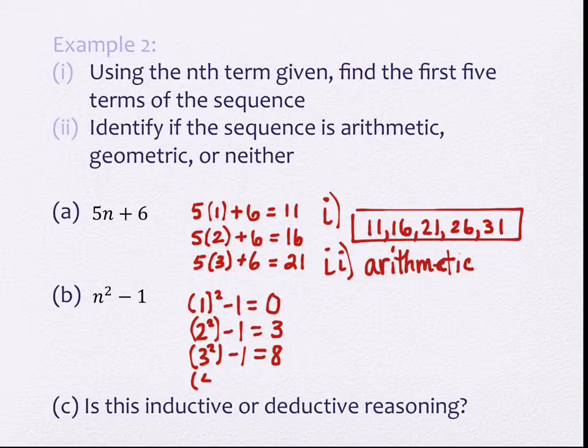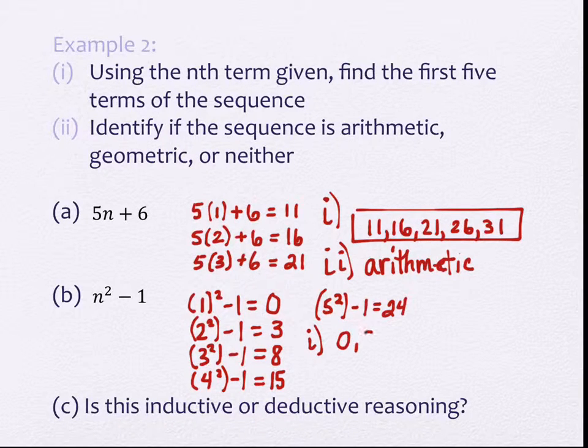About 4 squared minus 1. 15. And 5 squared minus 1. 24. So our sequence of numbers is 0, 3, 8, 15, 24.